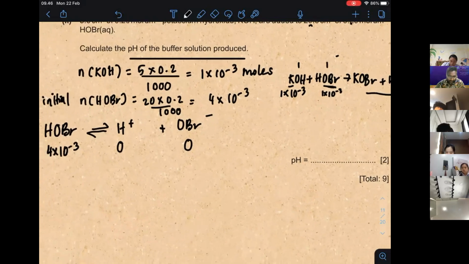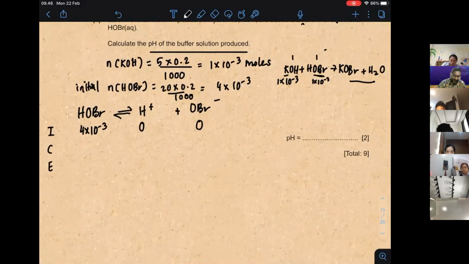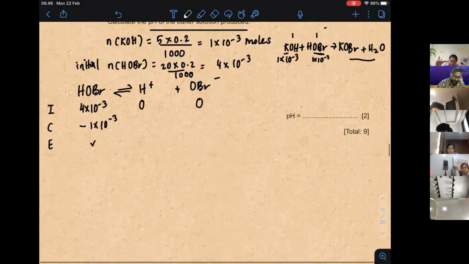If you look at equilibrium, the change happening here is that you react 1 times 10 to the -3, so you get 3 times 10 to the -3.